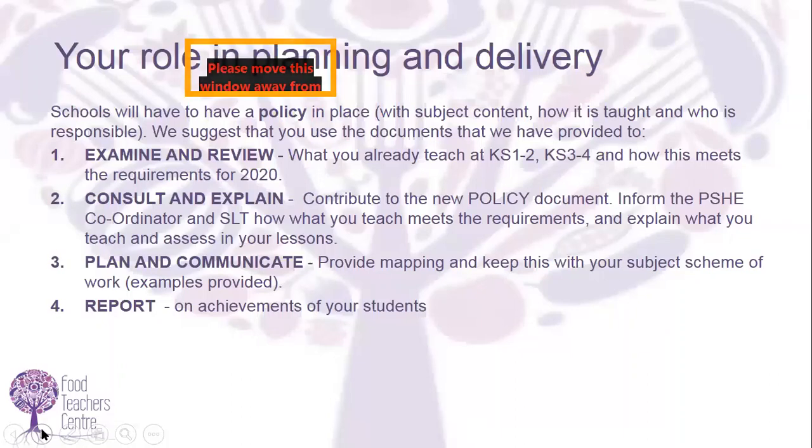The particular aspects that are related to food are the ones that we should start by examining, reviewing what you already teach at key stages 1 and 2, 3 and 4, and how this overlaps and already meets the requirements going forward for 2020, or if there are some new things that you ought to build into your teaching. And as Frances mentioned, the strands here talk about health and fitness: what constitutes a healthy diet, the principles of planning and preparing healthy meals, characteristics of a poor diet and risks associated with unhealthy eating.